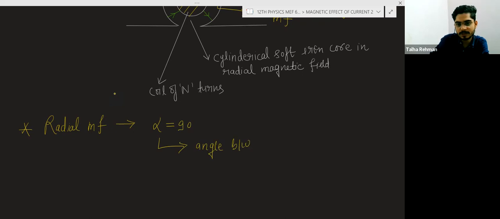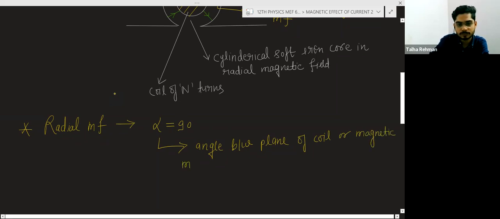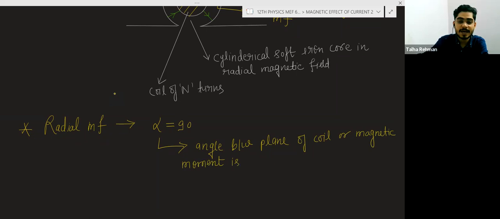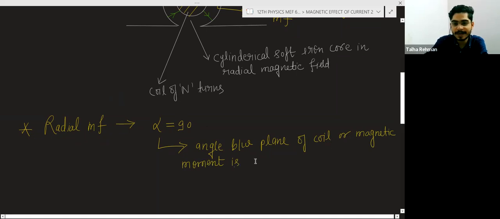Angle between plane of coil or magnetic moment is 90 degree. Oh, sorry. Angle between plane of coil or magnetic moment.